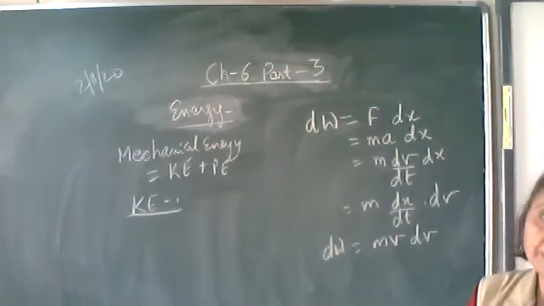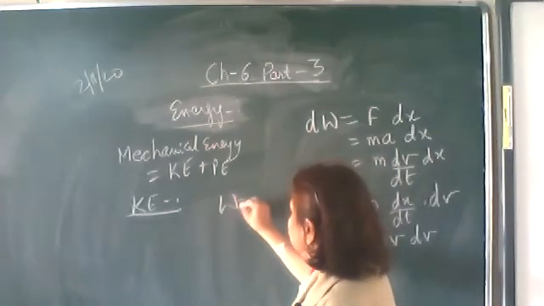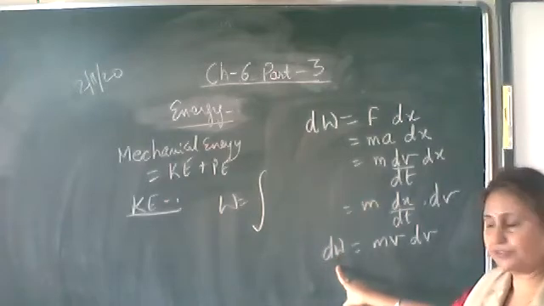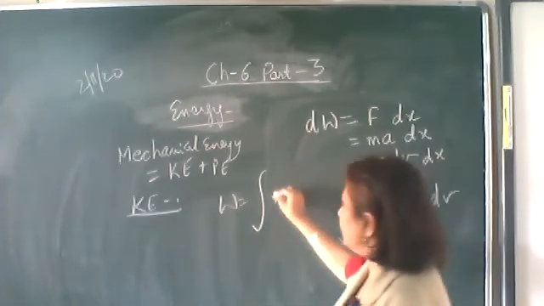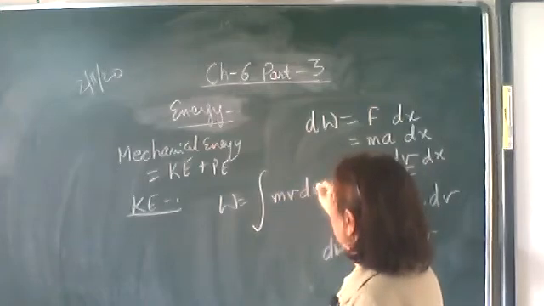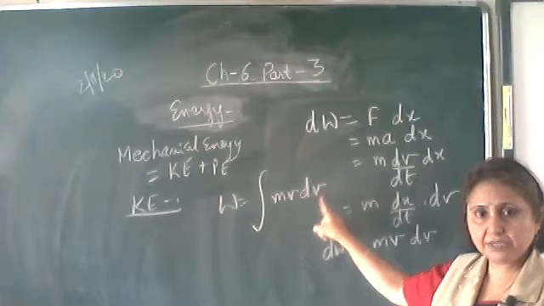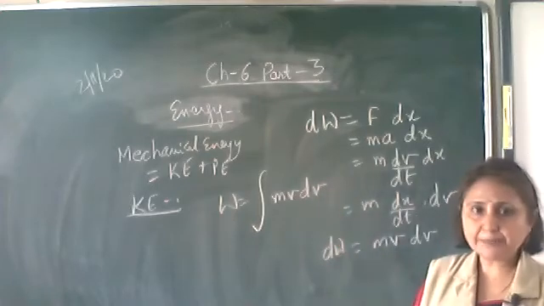Now the total amount of work done will be the integration on both sides. Integration of dW is W, and integration of m v into dv. The variable is velocity, so the limits will be of the velocity.